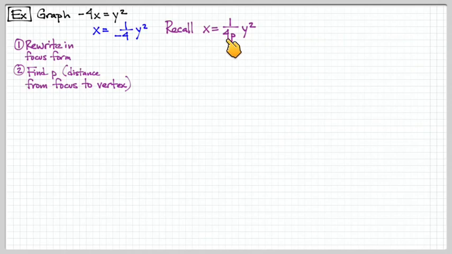And so we recall our focus form, and we see this piece right under here, where the denominator, 1 over this number here, that's 4p. So I'm going to set up an equation where I say 4p is equal to negative 4, and I solve for p. In this case, p is equal to negative 1.